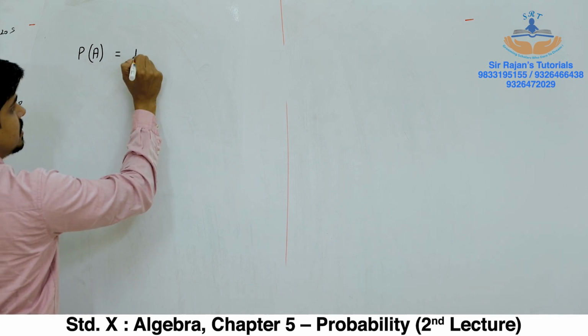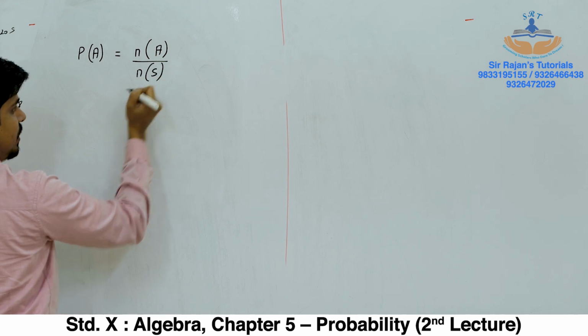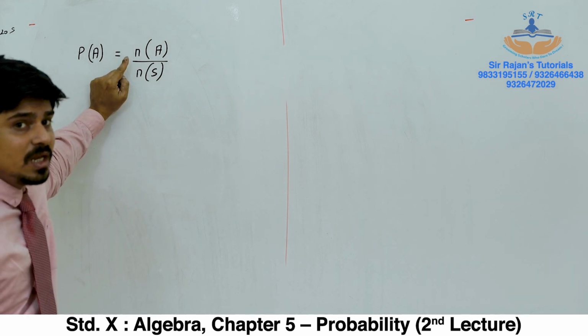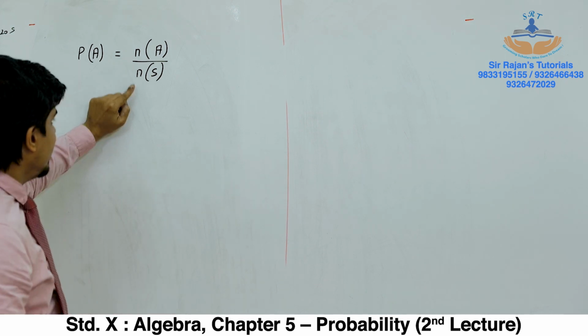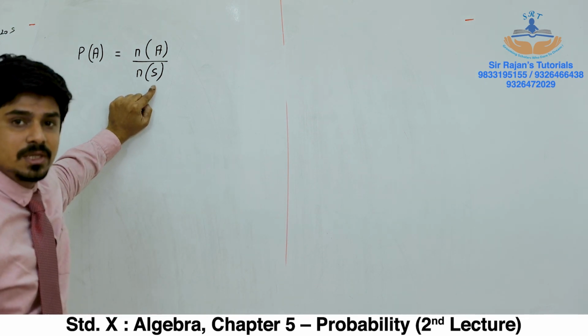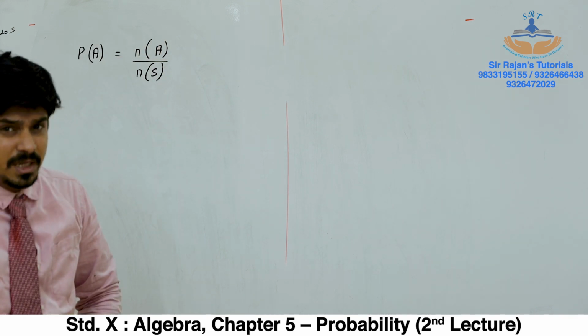P of A is equal to N of A upon N of S. N of A is number of elements in your, you can say, predefined event A, and N of S is your number of elements in your sample space. So this is the formula in order to get probability of any particular event.